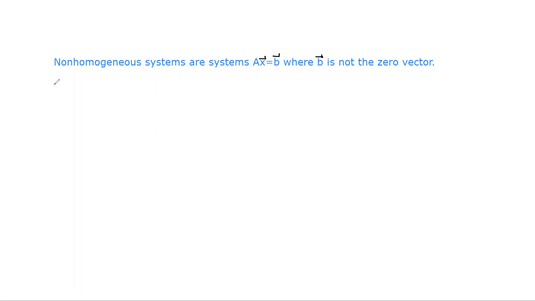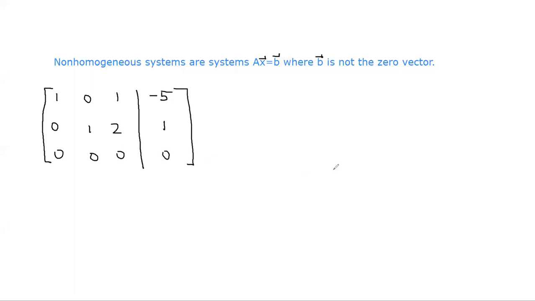So let's take a look at an example. Again, I'm going to go ahead and give you this one already put in reduced echelon form. But if you got a system that wasn't in reduced echelon form, you would just do our row operations as you know how. Okay, so let's see. Here's our system, and we've gotten it into reduced row echelon form, and it is not homogeneous because our b here has a 0 in it, but it is not all zeros.